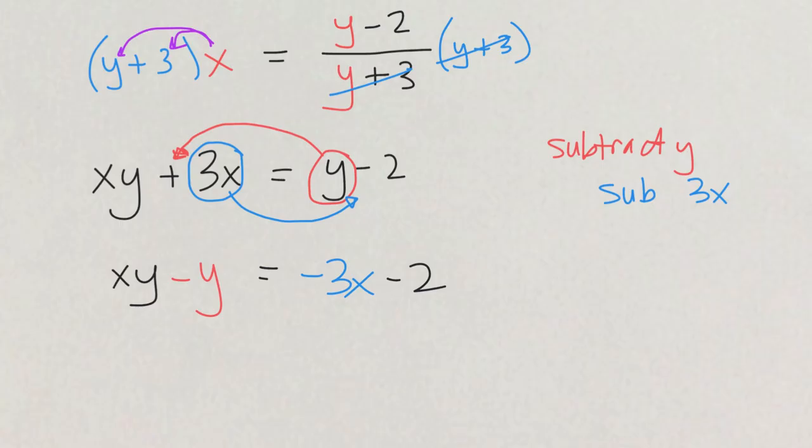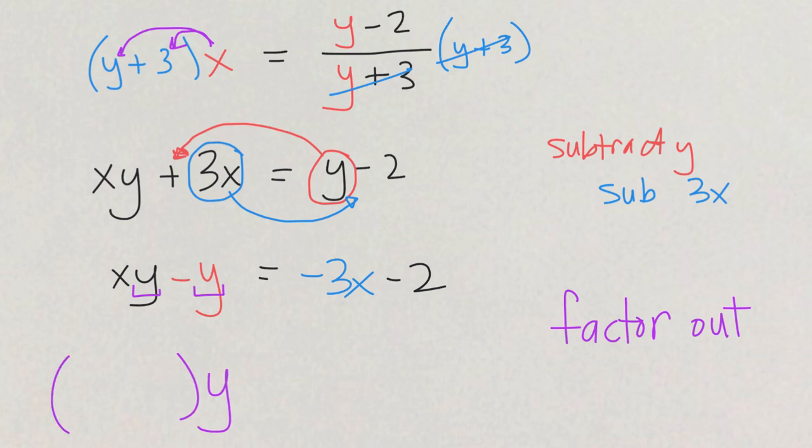And here is your mathematical trick. We have to factor it. Notice that both of these terms have a y in them, right? There's something being multiplied by y. So what if I factor out the y? I change it from a subtraction problem into a multiplication problem.